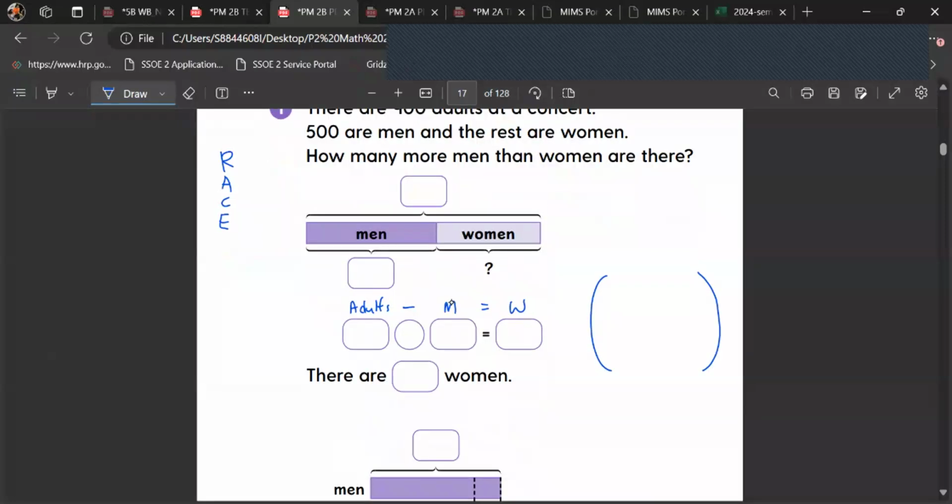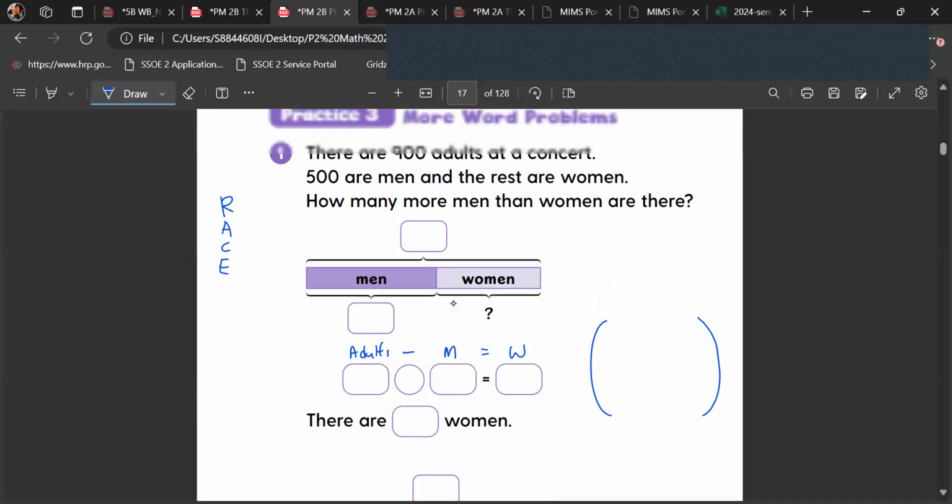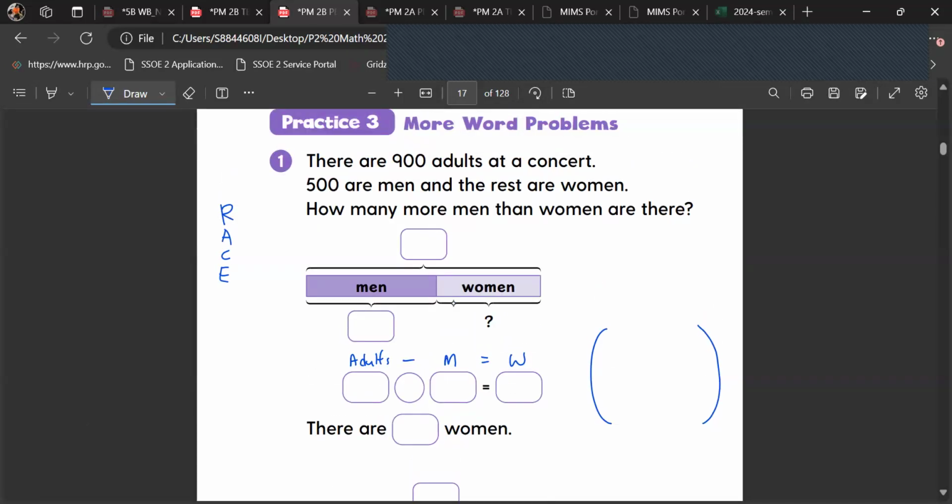This is on the adults going to the concert. So I want to see your annotation box. You're writing down adults, men, women, and more. So you're writing down clues. I know all the adults, I know all the men, I don't know the women, and I'm asked to find more. So there are two steps here.